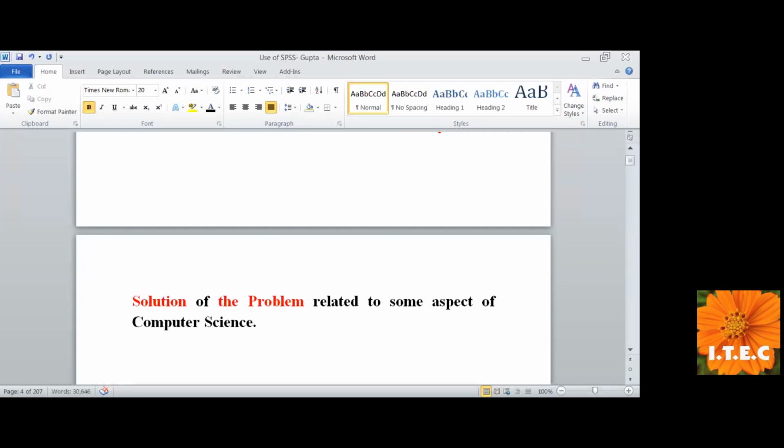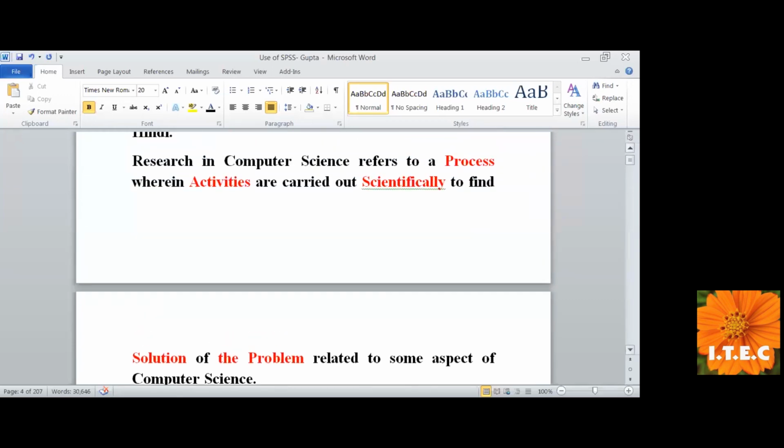So like this, the general definition of the research can be modified a little bit so that it fits into that particular subject. If you want research in music, then research in music refers to a process wherein activities are carried out systematically to find solution of the problem related to some aspect of music. If you want medical science, then some aspect of medical science. If you want chemistry, then some aspect of chemistry.